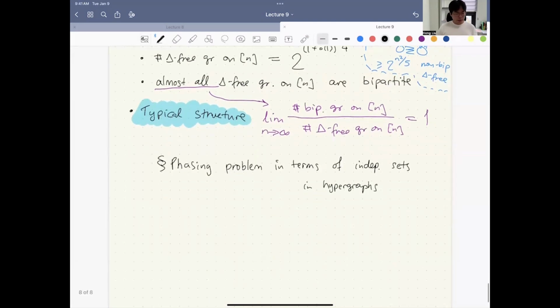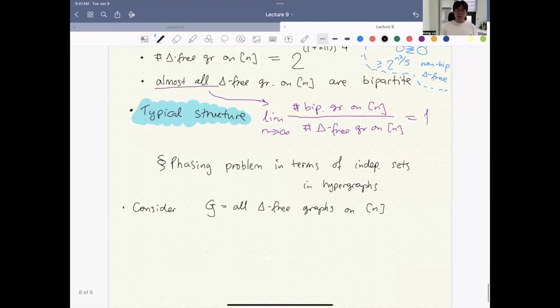Okay, as I said, consider G. This is the family we cared about, the family of all triangle-free graphs on vertex set [n] that's labeled.